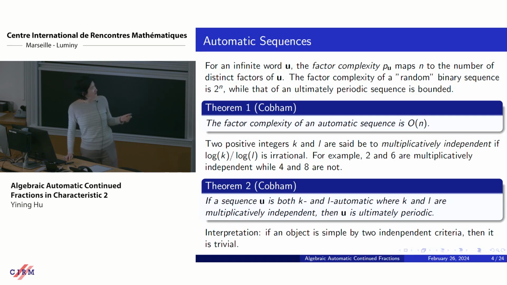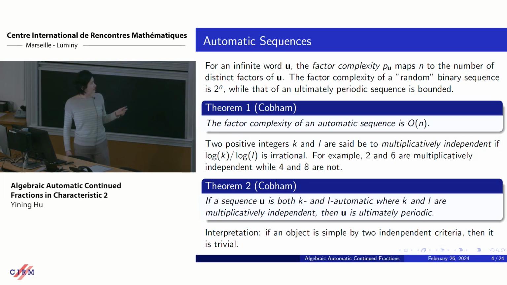And then we have also this theorem of Cobham that says that if a sequence is both k- and l-automatic, where k and l are multiplicatively independent, then this sequence is ultimately periodic.